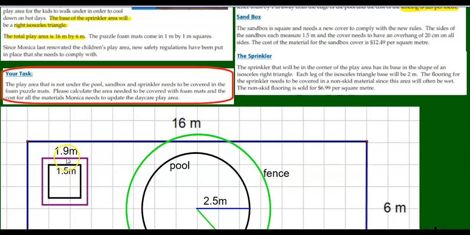That makes 1.9. So it's 1.9 all around. So it's 20 centimeters on this side and 20 centimeters on this side. So that makes 0.2 plus 0.2, it's 0.4 plus 1.5. So the cover is 1.9 meters by 1.9 meters. That's important. So let's write that down.